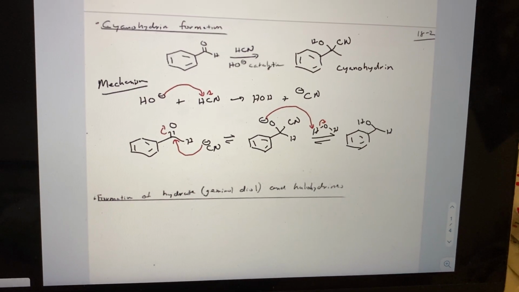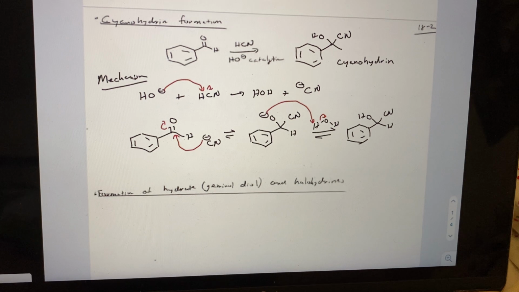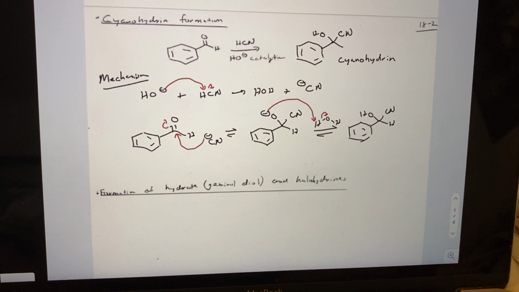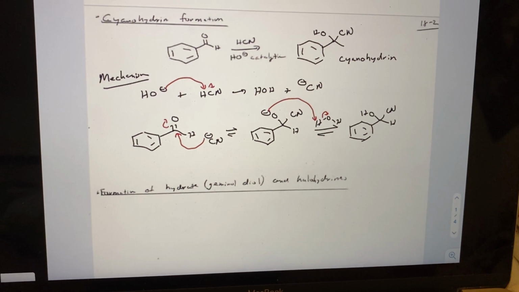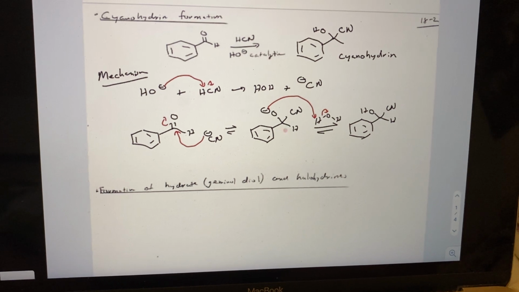OH, and then the cyano group. So nothing really new in terms of the reaction mechanism. This is one of those reactions that it's really easy to write on paper because we can just have our strong nucleophile attack, form our tetrahedral intermediate, form our product.